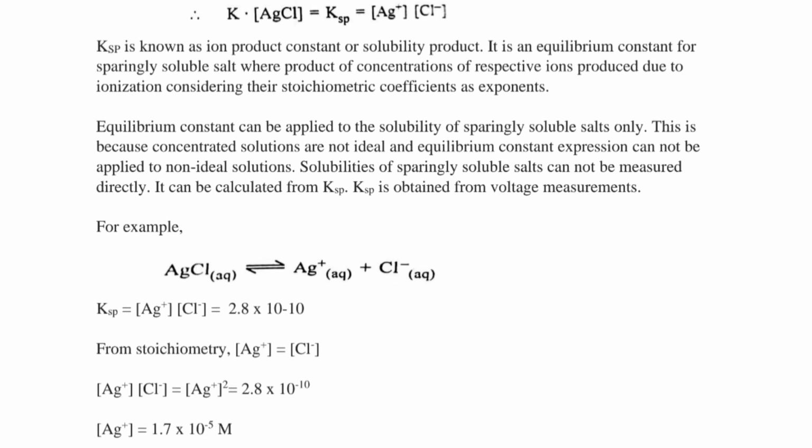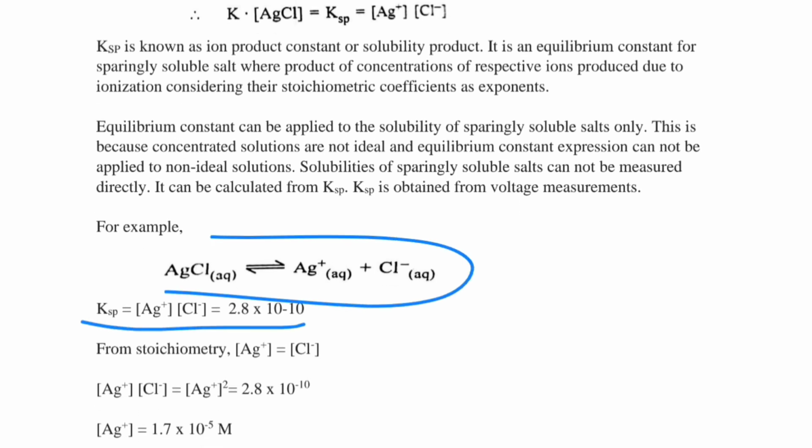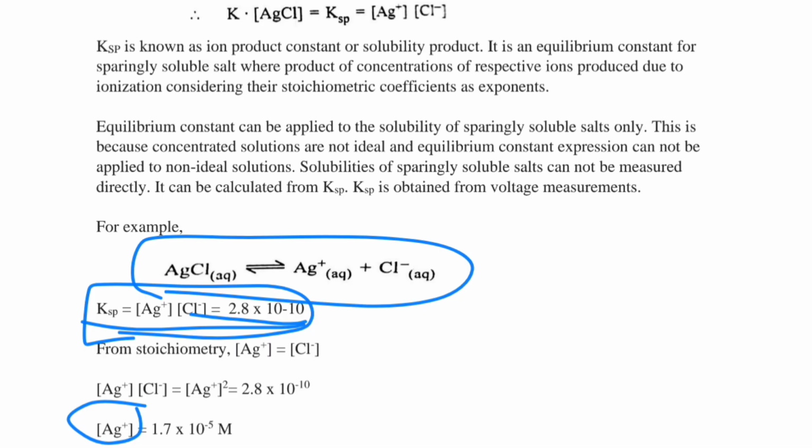Here we have been given the Ksp of the AgCl salt, and we are asked to find the solubility of each ion. We will use this equation and write the value of Ksp. There are two ions, so we can write each ion as x.